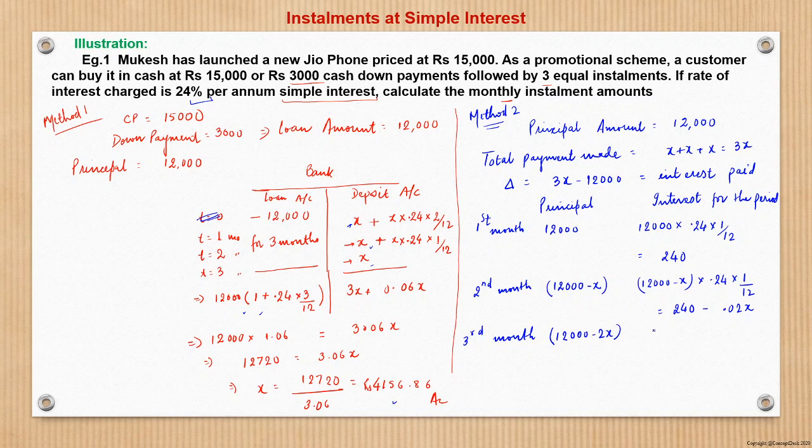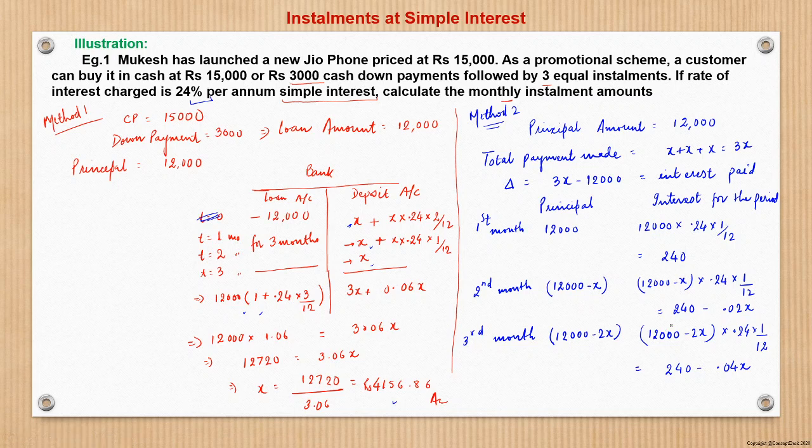And what will be the interest charged? That will be 12,000 minus 2x into 0.24 into 1 by 12, for the third month. So this gives 240 minus 0.04x, right?